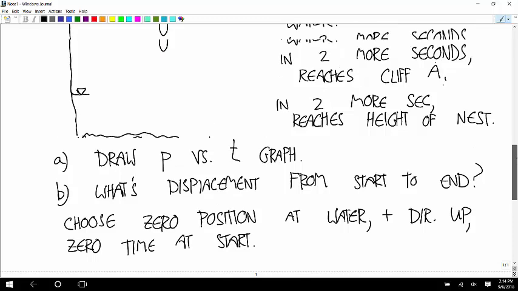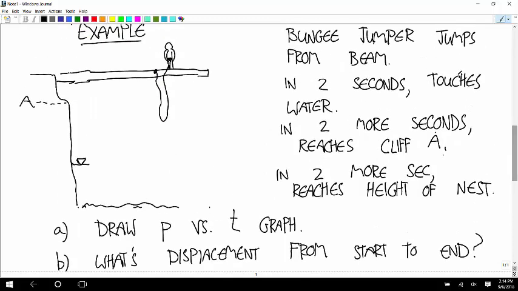And then as far as the distances, let's say this is 2 meters. And let's say this is 5 meters. And this is 3 meters.